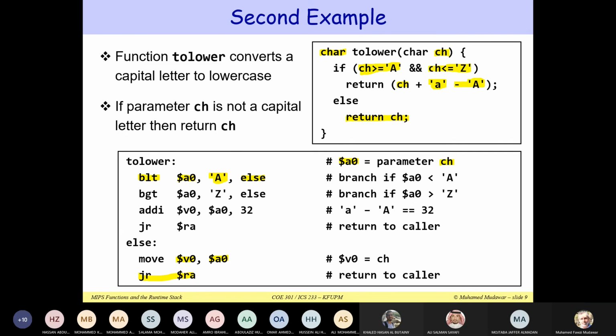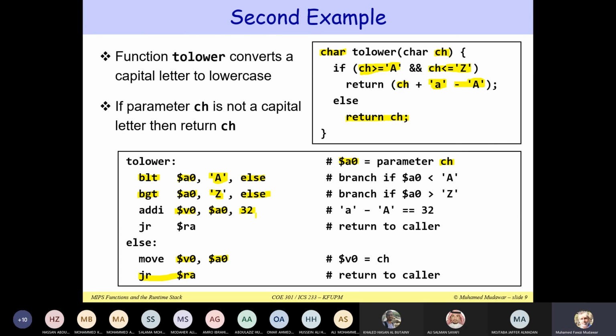Now, this is if A0 is less than capital A or greater than capital Z. In other words, if it's not a capital letter, go to the else part. If it is a capital letter, the difference between lowercase a and capital A is equal to the number 32.